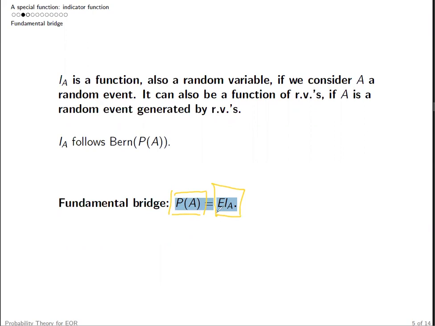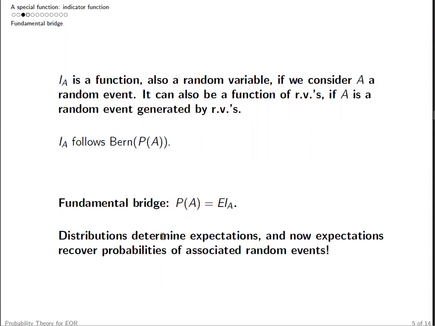So now we link expectation with probabilities. From the previous discussion, from the definition of expectation, we know distributions determine expectations. But now, from the fundamental bridge, expectations can be used to recover probabilities of some random events, right? So on the other hand, expectation can lead to probabilities.